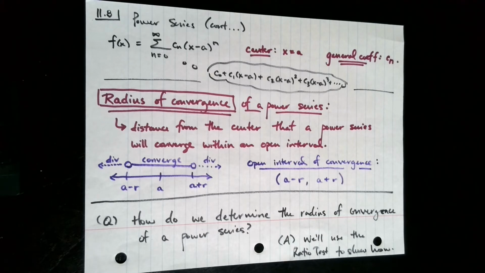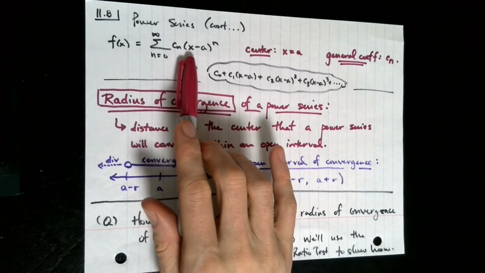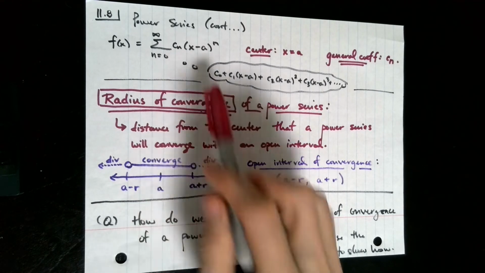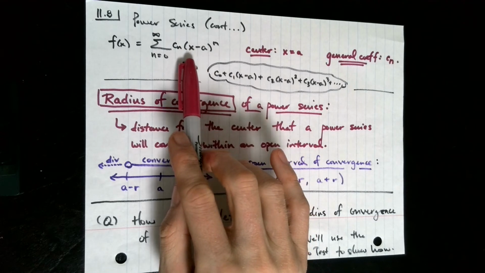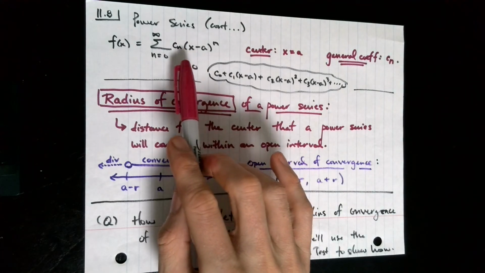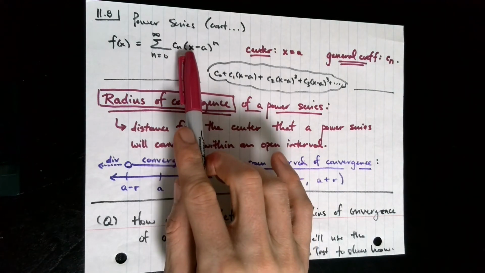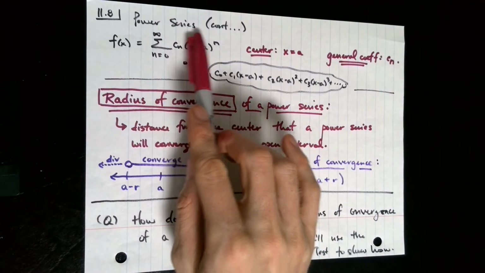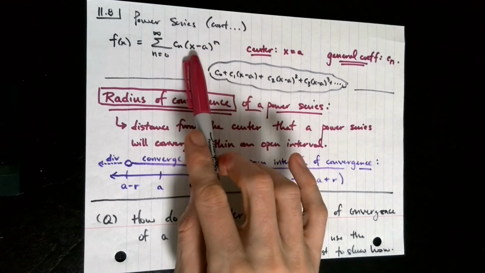Now it is also conceivable that depending on the values of x you plug in, this series might have a hard time converging. This series might have a hard time for its sum to remain finite. Because if you plugged in a value of x here that was very different from a, then what's in this parenthesis would be very large.